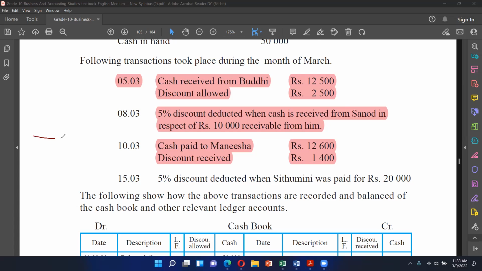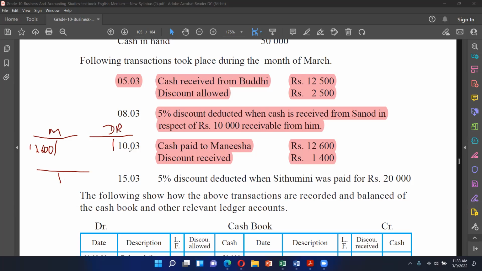I'll explain what you do first. Tell me the first entry. Debiting 12,600 to Manisha's account. Others listen and then I'll correct. And then crediting 1,400 to discount received.